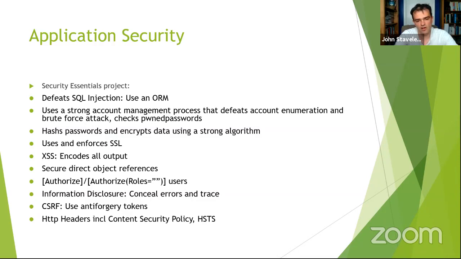It's the equivalent of doing File New MVC project, but with all of these security features in it. So it checks for pwned passwords, enforces SSL, checks for cross-site scripting vulnerabilities, cross-site request forgeries, and checks the HTTP headers. It's not really relevant to the talk, but I had to deploy something, so it formed a good base.